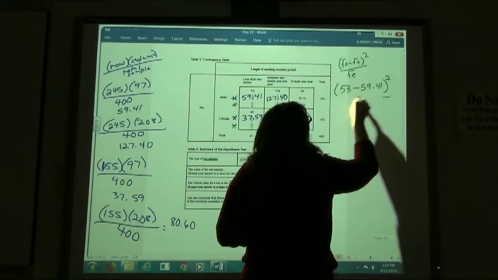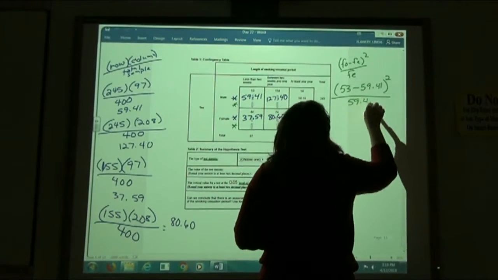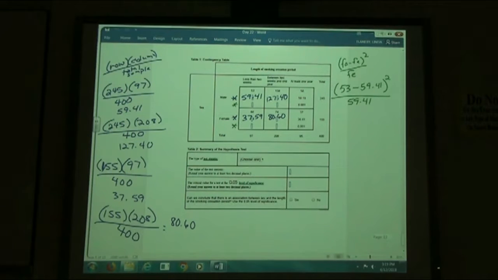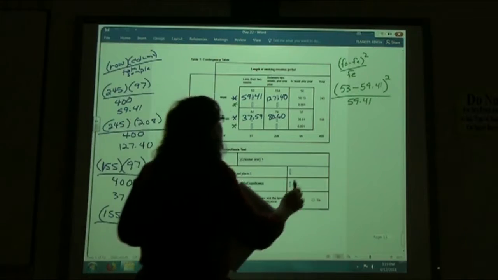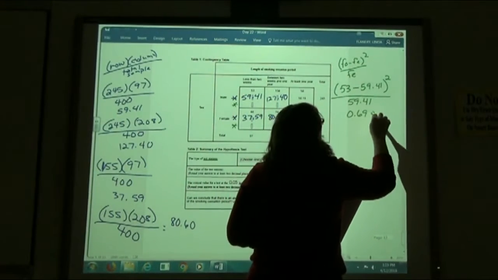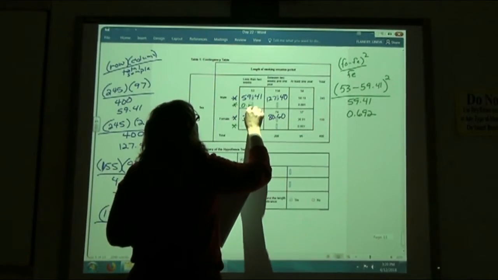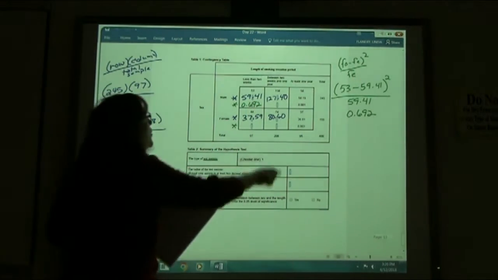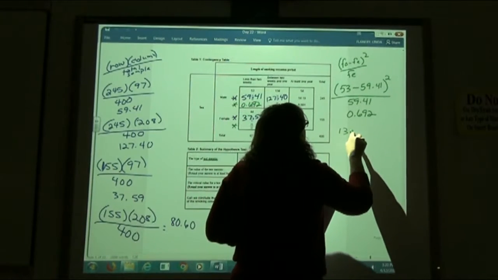We've got to square that and divide it by the 59.41, which is our expected frequency. So 53 minus 59.41, we're going to square that and then divide by the 59.41. These go to 3 decimal places. So 0.692 should be what you get.